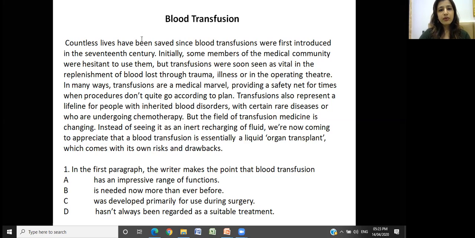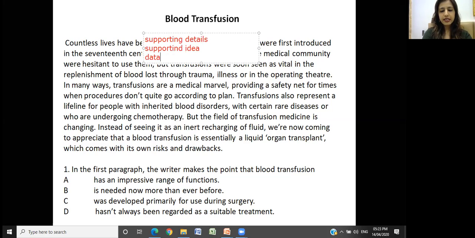Those will be considered supporting details. They can be in any form: a supporting idea, a subtopic, data, statistics, or research, a study.